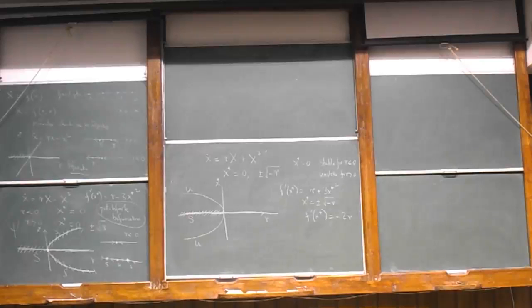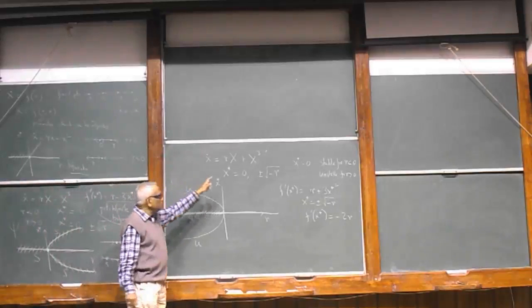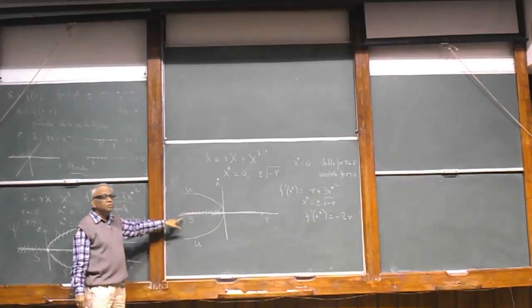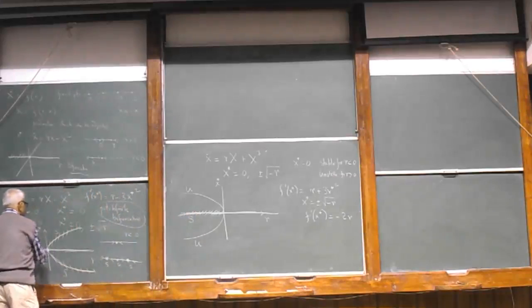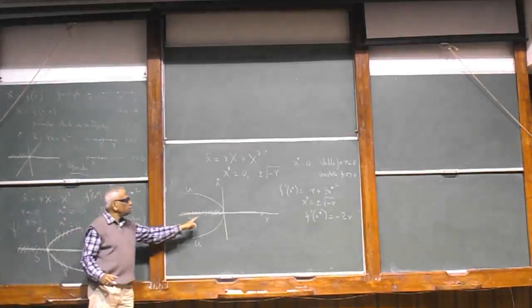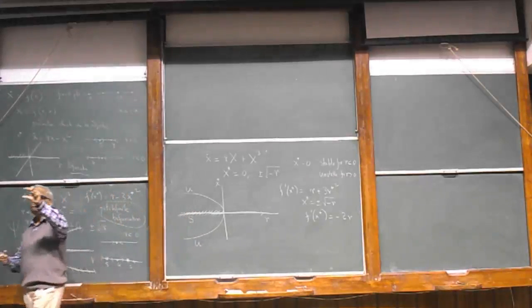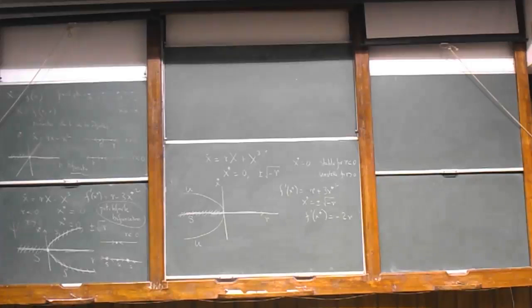So what has happened? What has happened is that if I vary my r, I have in this system still a stable fixed point at the origin. But the difference between this stable fixed point and this stable fixed point is that the basin of attraction has been reduced.